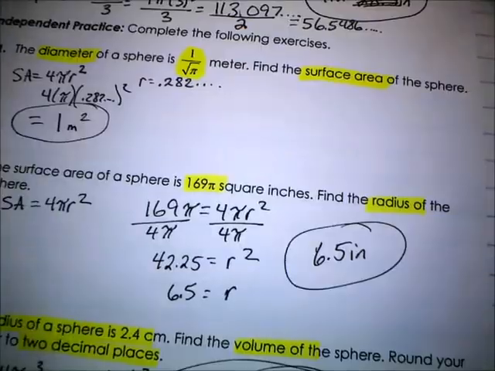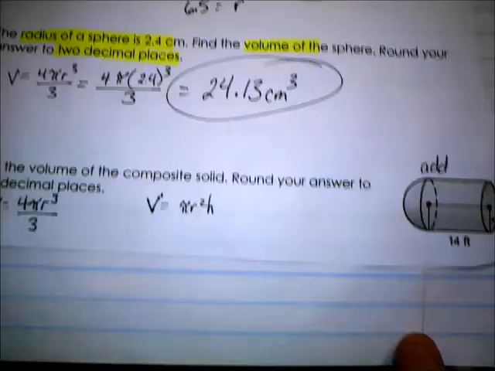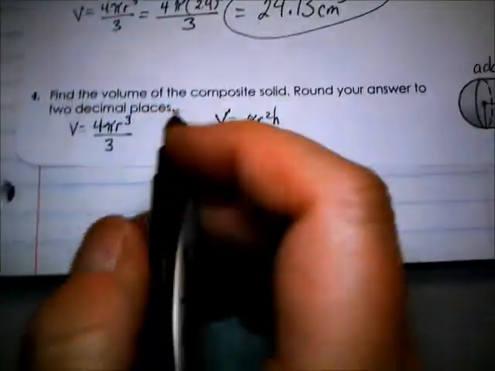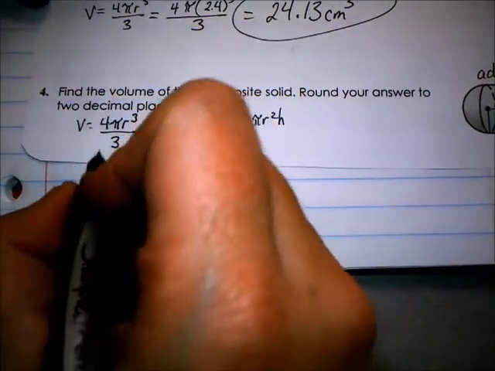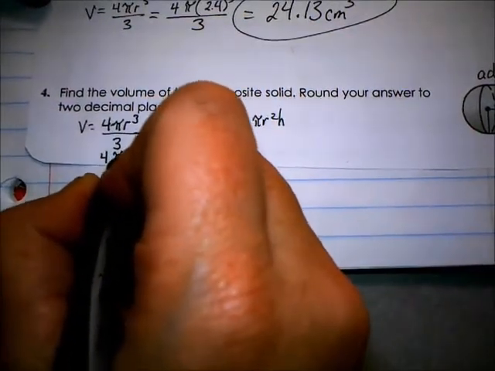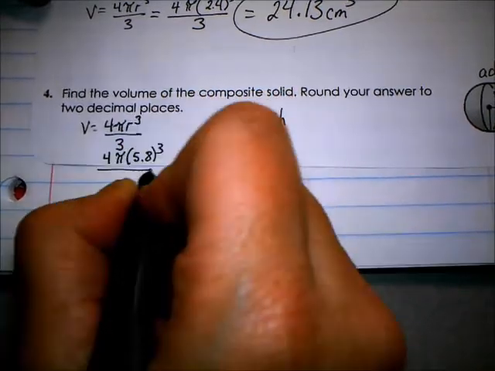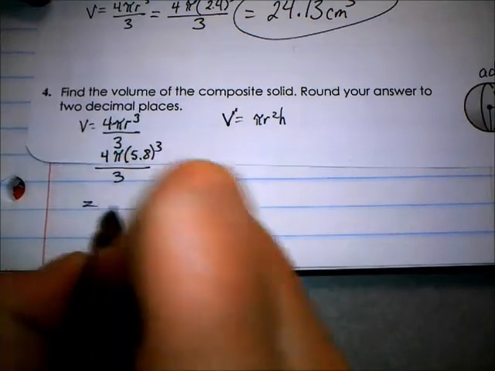Okay, so back down to the one we're working on. This says here that the radius is 5.8. So on the sphere formula, I'm going to have 4 pi and then the 5.8 cubed. I'm going to divide it by 3, and then when I get my answer, I'm going to divide it by 2.